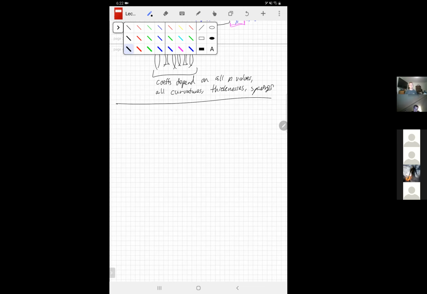People found the following design rule. If we've got a lens with radii R1 and R2 to image something from a distance S1 to S2, it turns out when you do the algebra, this is the easiest way to write the answer. Yes, the n is the refractive index of glass.